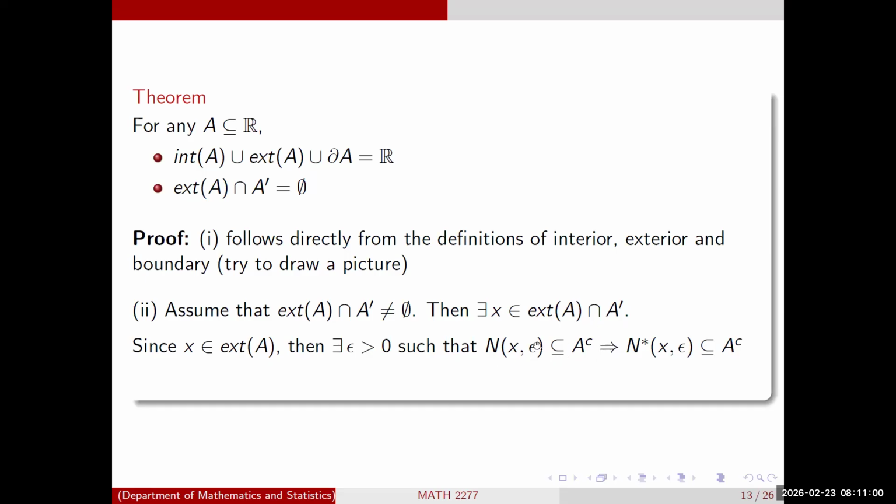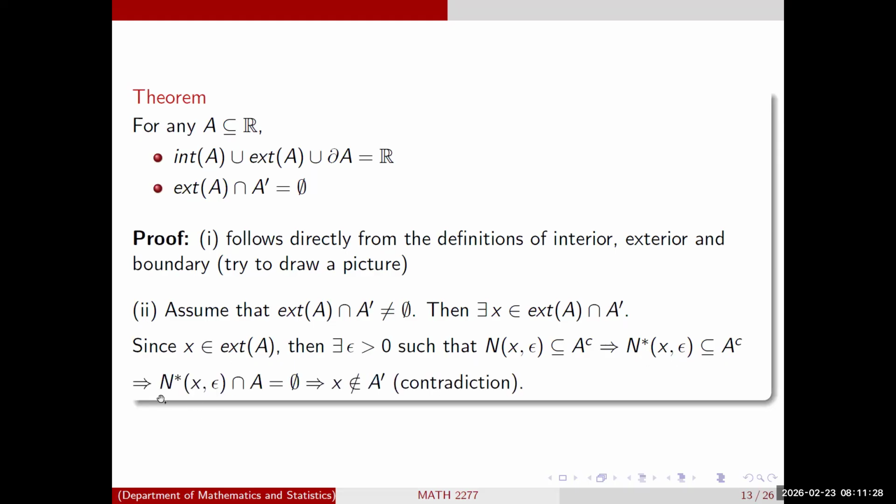If you have two sets, X subset of Y, and you remove a point of X, then that set is still inside of Y. So by that logic, if I remove the center of this neighborhood, which we know is called a deleted neighborhood and we denote it by N with a little star, then the deleted neighborhood is also in A complement.